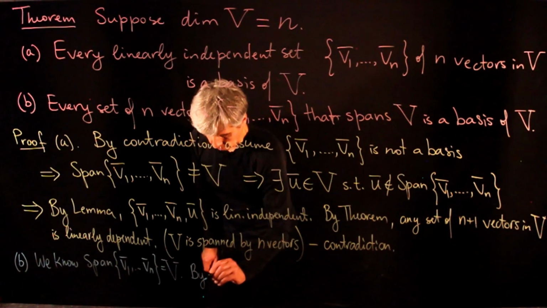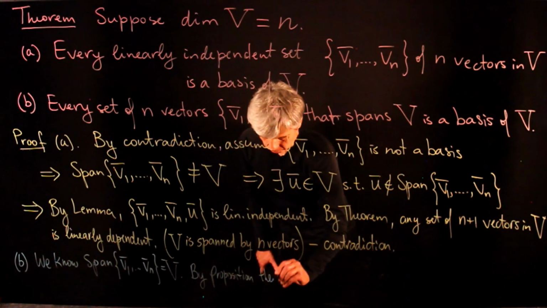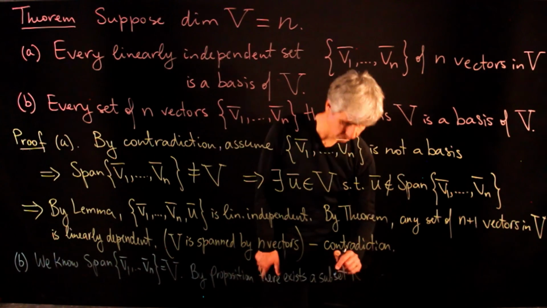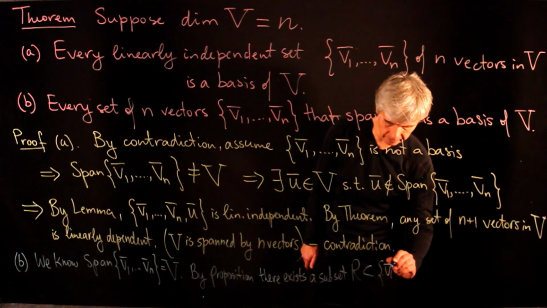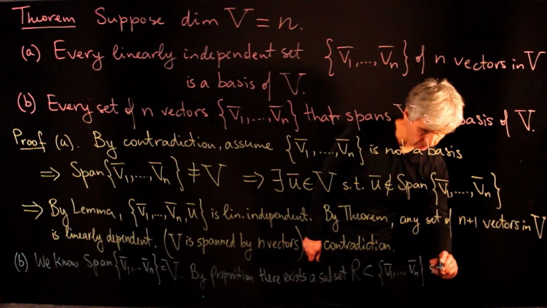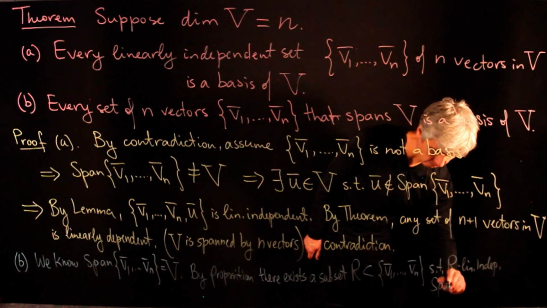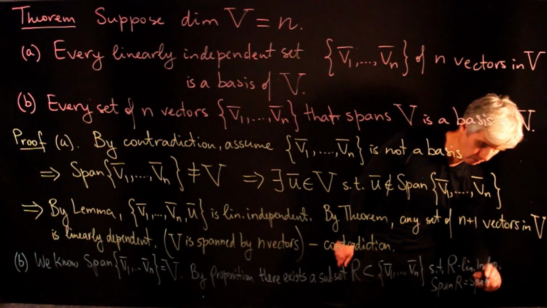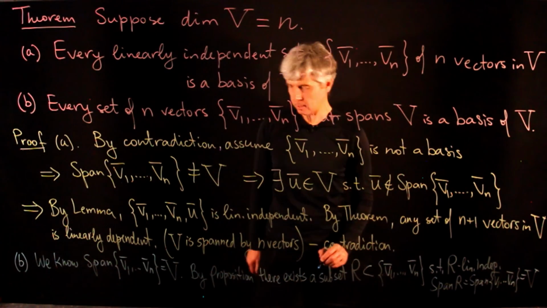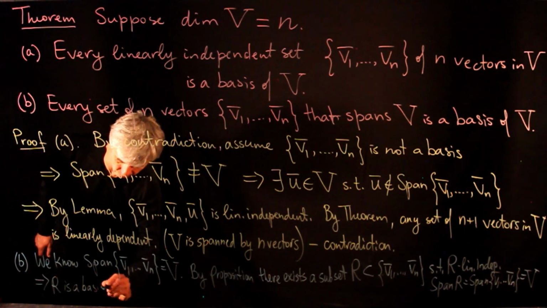So by the proposition, there exists a subset R inside the set V1 through Vn such that R is linearly independent and the span of R is equal to the span of V1 through Vn, which is V. So this implies that R is a basis of V, right?